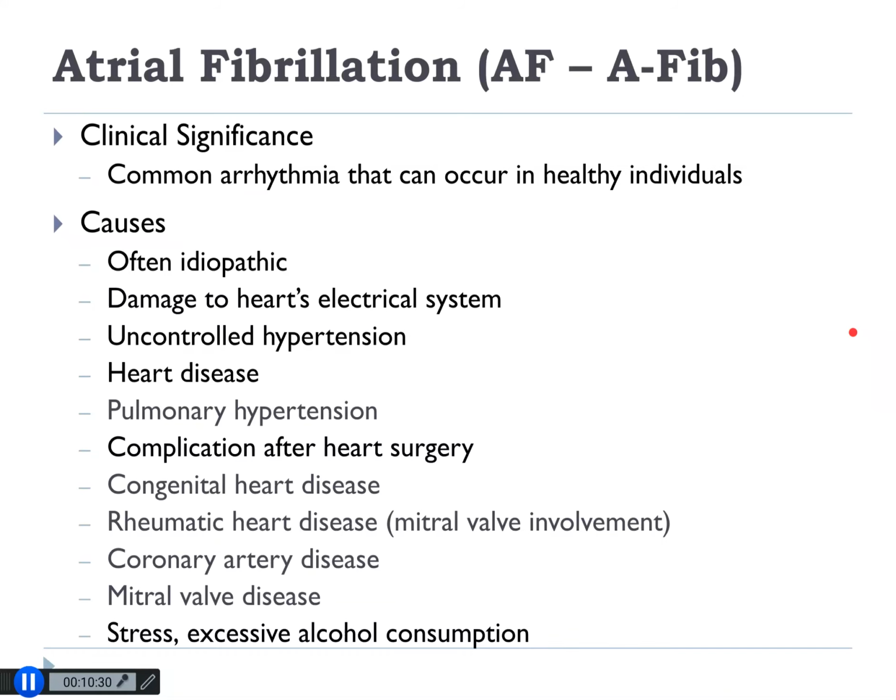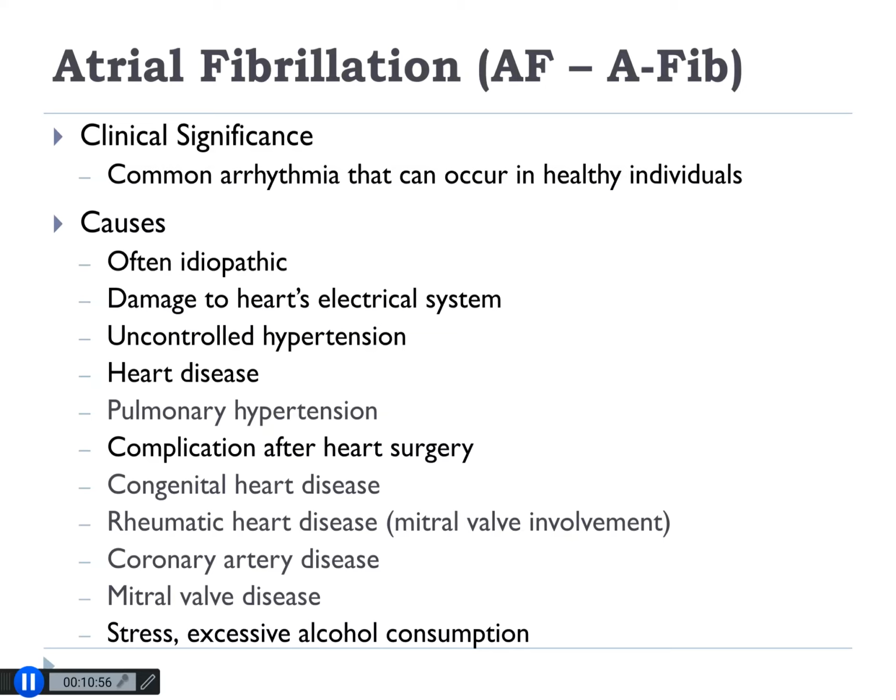So AFib is actually a really common arrhythmia that can occur in otherwise healthy individuals. It's often idiopathic, which means we don't actually know exactly what causes it all the time, right? But it is when there's some sort of damage to some of the pacemaker cells in the atria. Uncontrolled hypertension can cause it.